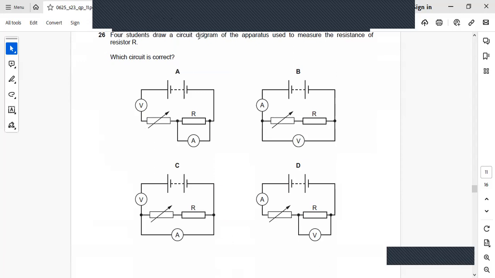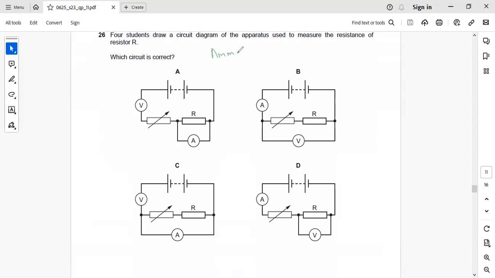Four students draw a circuit diagram of the apparatus used to measure the resistance of resistor R. Which circuit is correct? So here we can see four diagrams. In that, ammeter is connected, voltmeter is connected. The ammeter is used for measuring current, so it should be connected in series.